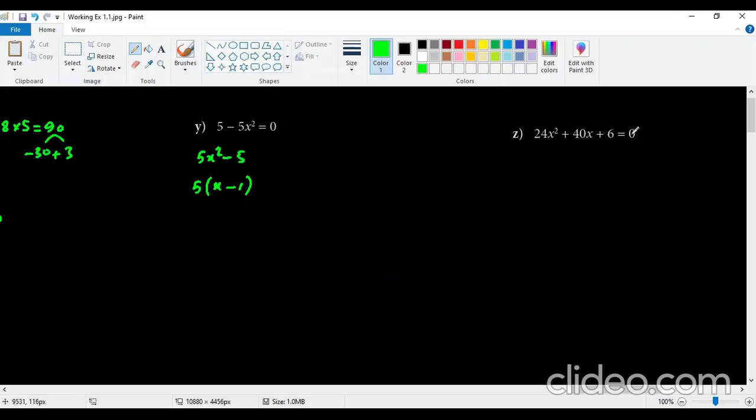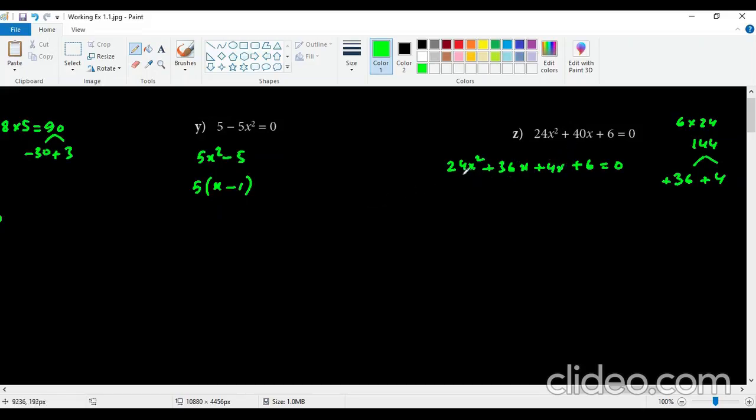6 times 24 is going to give me 144, and 144 is split into two parts. 36 times 4 is going to give me 144, and 36 plus 4 is going to give me 40. So I will rewrite this: 24x squared plus 6 equals 0, and plus 36x and plus 4x.